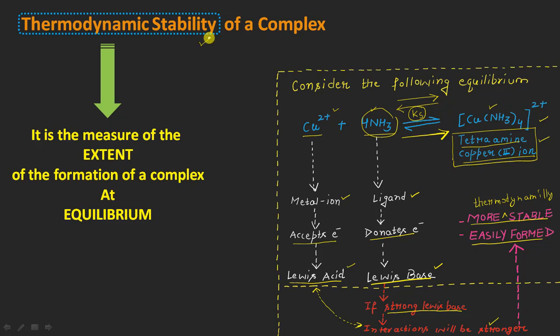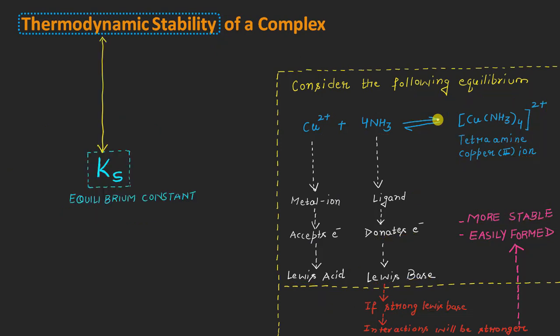So once again, the thermodynamic stability is actually the extent to which any complex will be formed whenever the reaction is present in equilibrium, something like this here, right? And after that, of course, I have told you that the Ks, the equilibrium constant, is directly related to this thermodynamic stability of the complex.